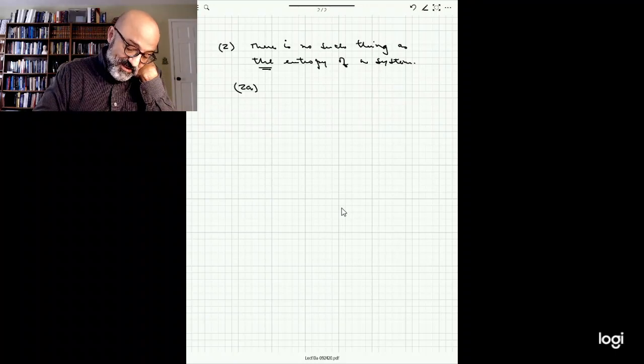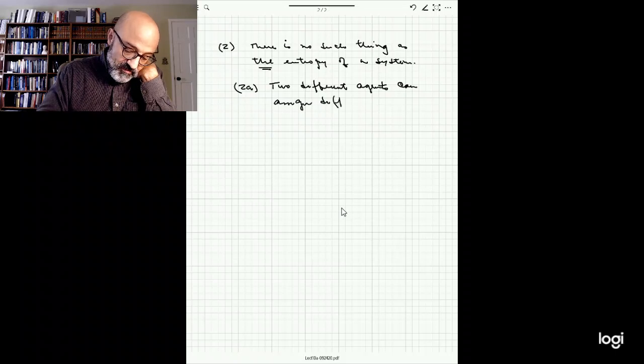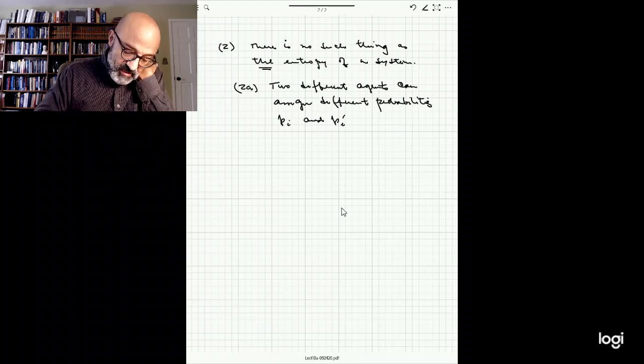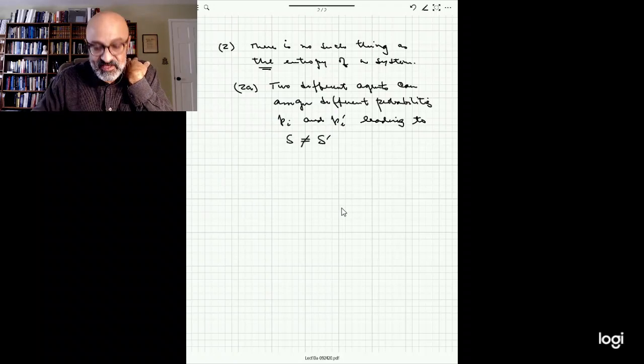So, two different agents can assign different probabilities, p_i and p_i prime, leading to S not being the same as the corresponding S prime.